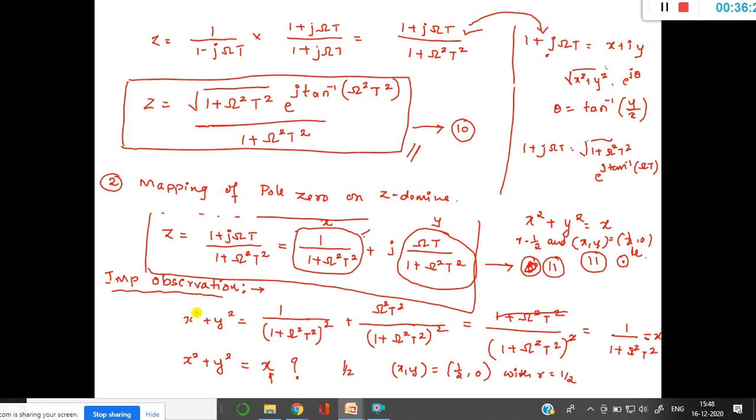If you want, I'll show you how to do it. x square plus y square is equal to x. We add 1 by 4 on both sides because I need x minus h the whole square plus y minus k the whole square, the distance formula, that is r square. That is the form I need.